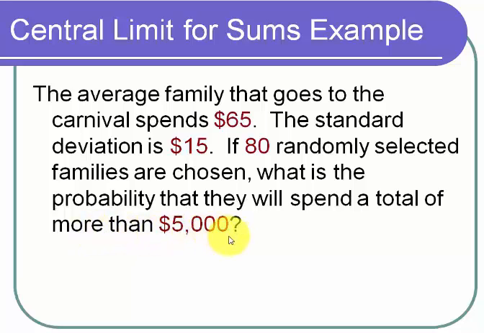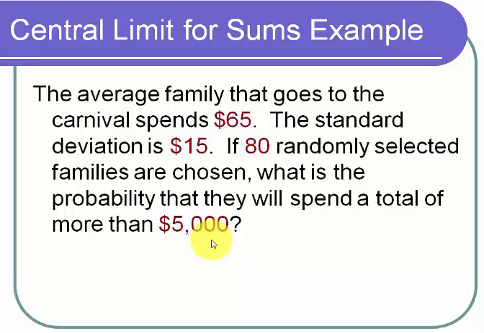So we could think of being a vendor and saying, well, if we have 80 families at our carnival, are we going to make at least $5,000 out of those 80 families? We don't care as much about the averages as we do the bottom line, which is the total amount of money that these families will spend.